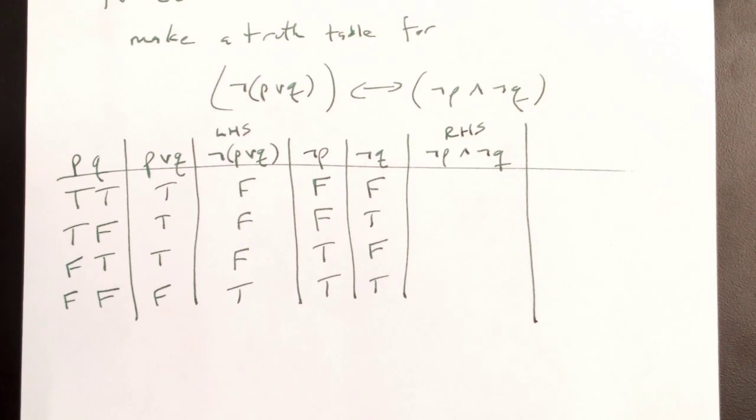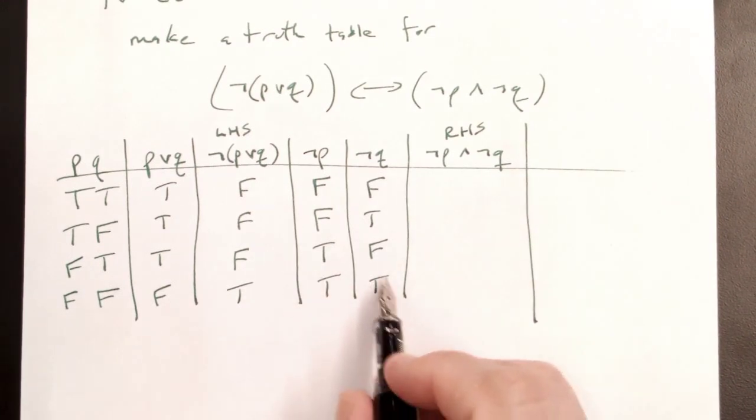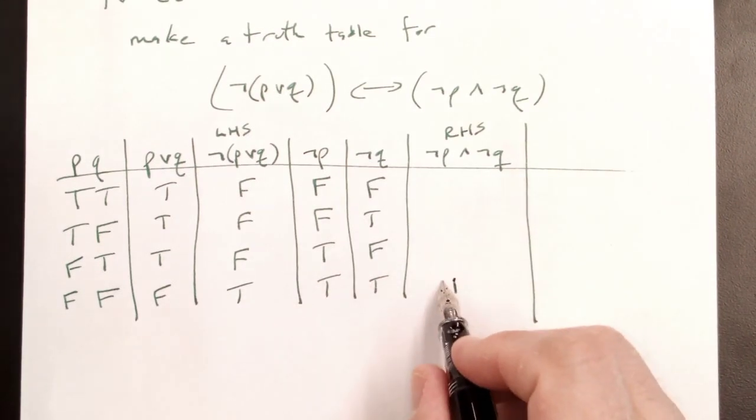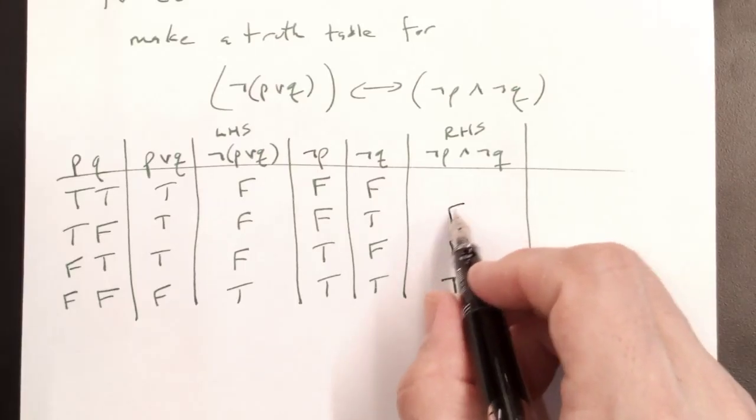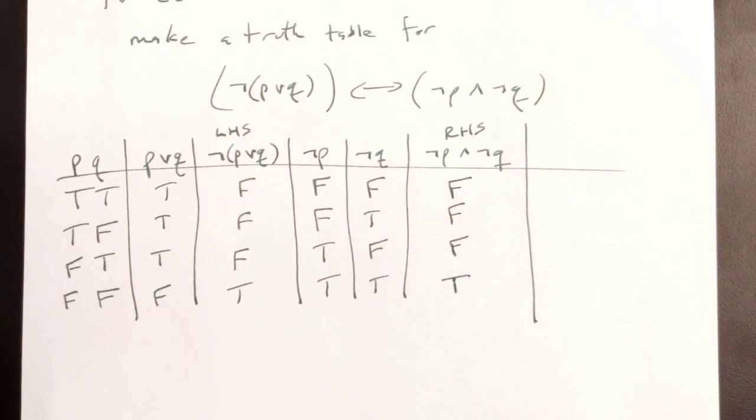Again, I'm doing and. And is true when? Both are true. Only time that happens is down here on the bottom. Everything else has at least one false in it.